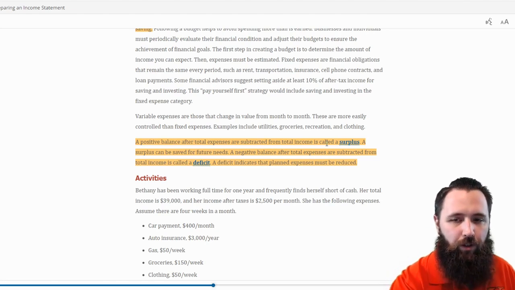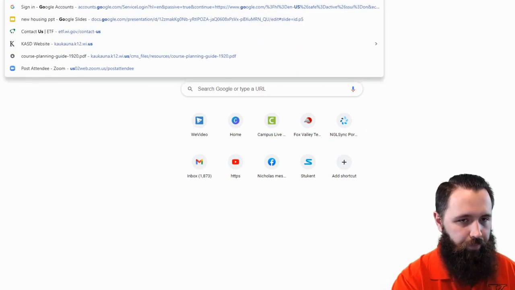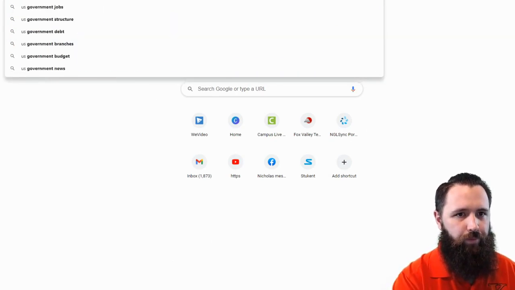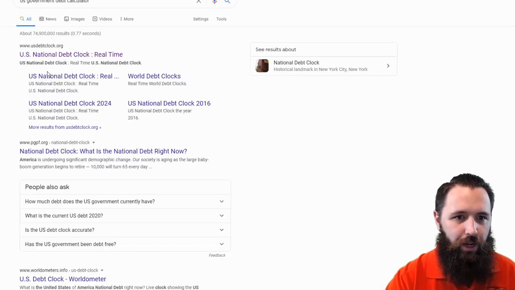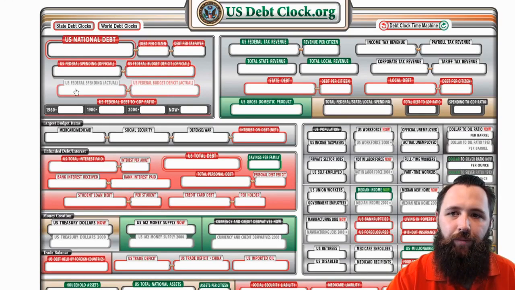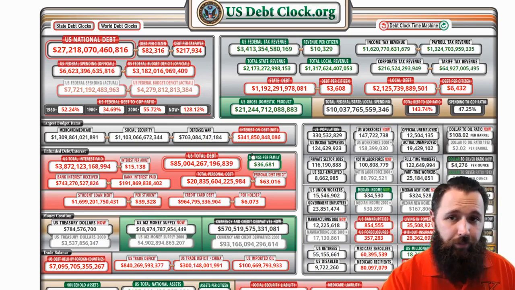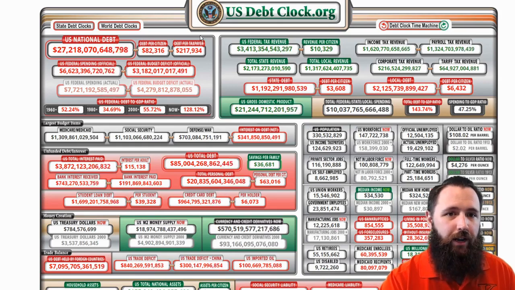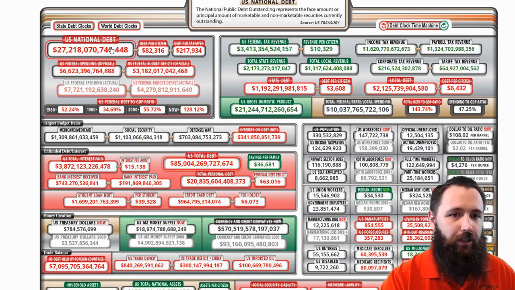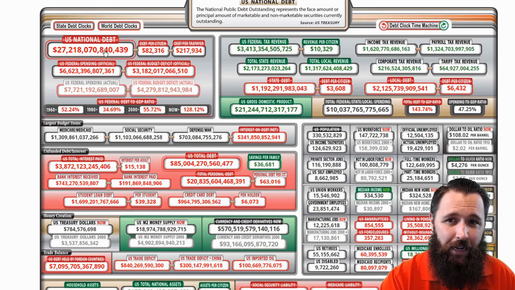So, if you look at, let's use the U.S. national debt clock, right? And if you look at this here, does the U.S. have a surplus or a deficit? Well, the U.S. national debt right now is $27 trillion.